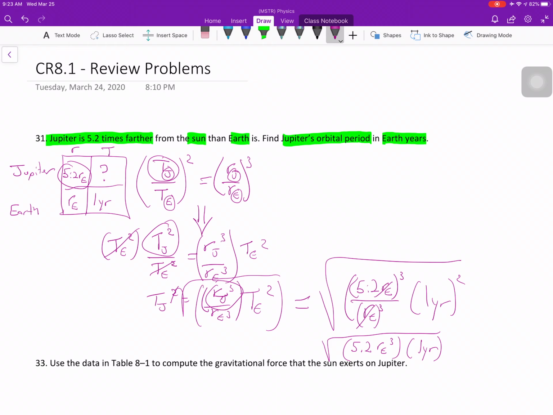So when we do the math, I apologize, this radius of Earth is already gone, 5.2 cubed, and then we square root that, and we get 11.86 years. So that is problem 31.